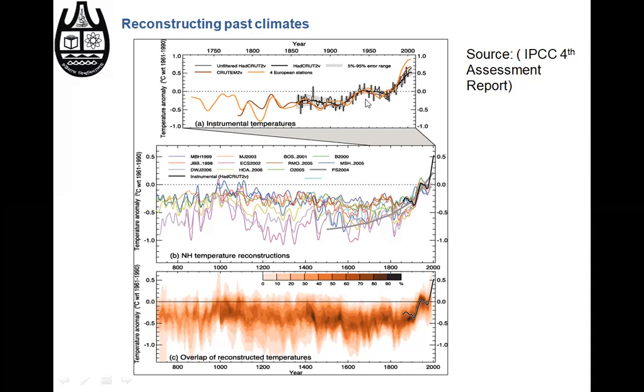Those pieces of information can be segregated and plotted in the graph, and then we can understand the differences in temperature at a particular time. So boreholes basically give you the idea of the underground temperature with the ages.